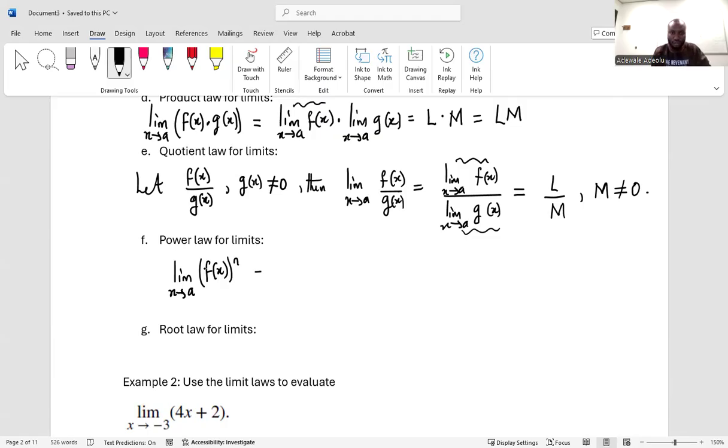So we can move the limit inside. So we have the limit as x goes to a of our function f of x, and then I can put the power on it, meaning the whole of this is L from our theorem, and it is raised to power n.